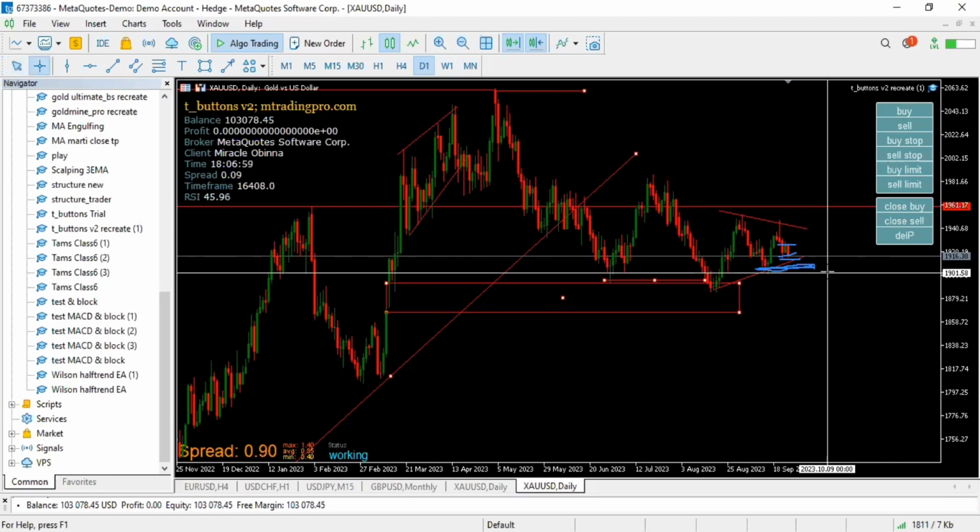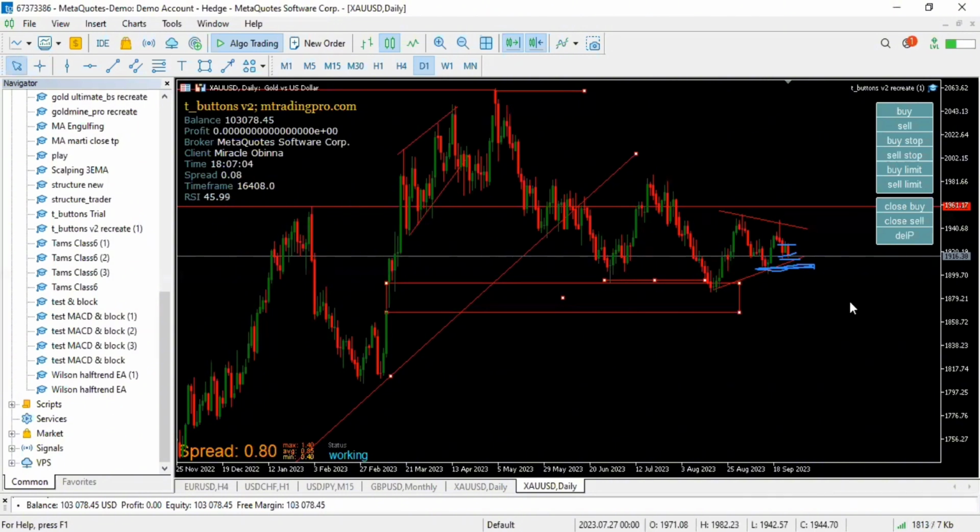Once the market goes below 1902, then it's confirmed. For me, this level has been respected, so we're just going to have the market break down or start trading to the downside.